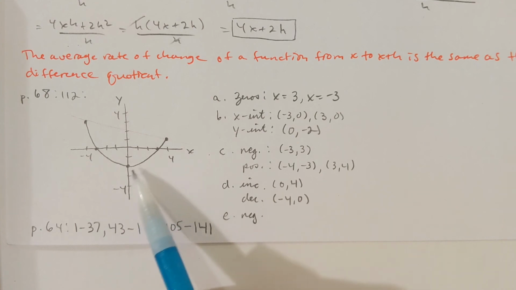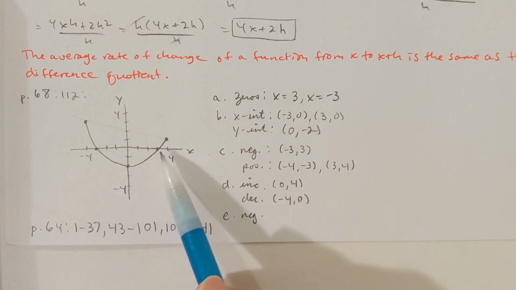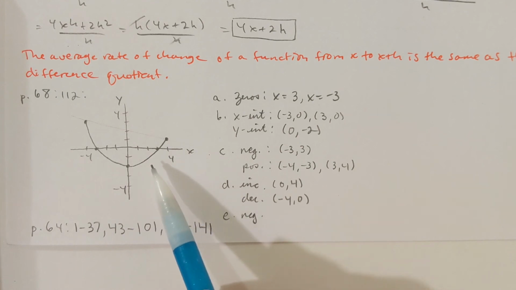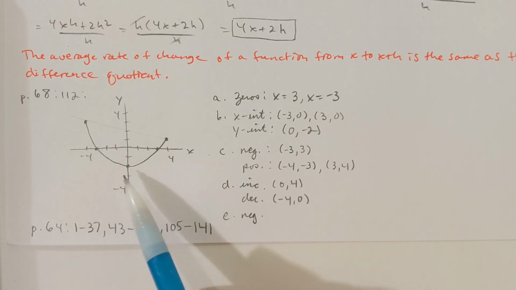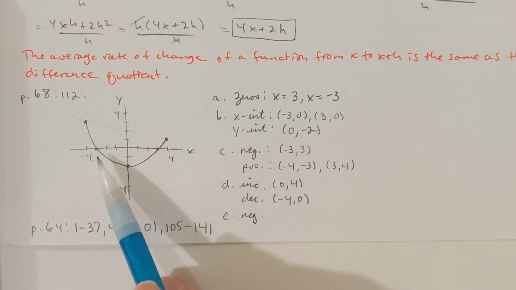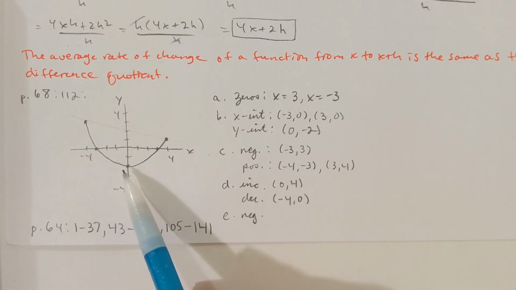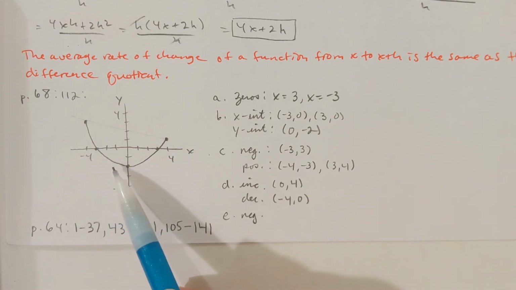So here, if I draw a tangent line, the slope is some positive number. And I'm going to be decreasing from negative 4 to 0. So if I draw a tangent line there, the slope is a negative number.